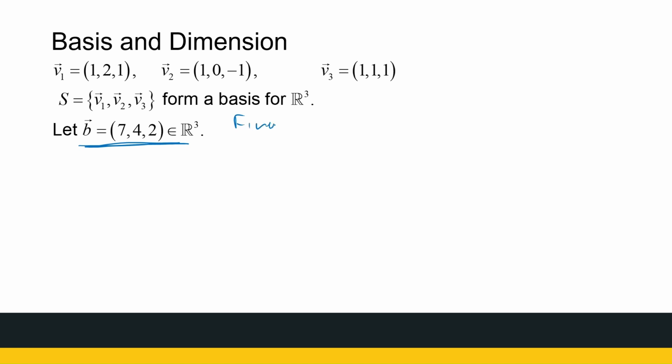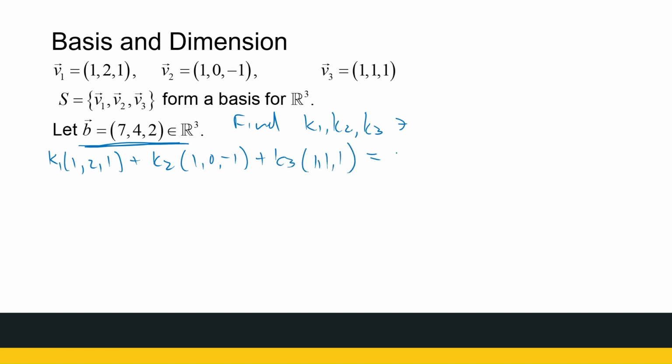So what do I want? Well, I want to find K1, K2, and K3 such that K1 times V1, which is 1, 2, 1, plus K2 times V2, which is 1, 0, minus 1, plus K3 times V3, which is 1, 1, 1.